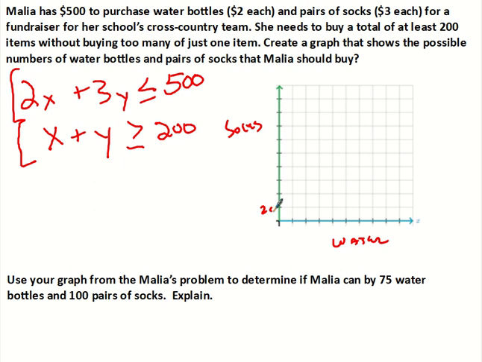So it's going to be 20, 40, 60, 80, 100, 120, 140, 160, 180, and then that means this top one is 200. Okay, and then I'm just going to count by 20s down here as well. So here's 40, 80, 120, 160, 200.